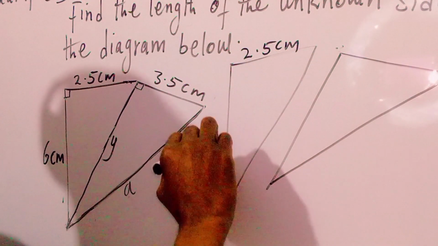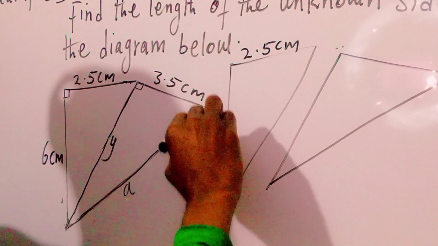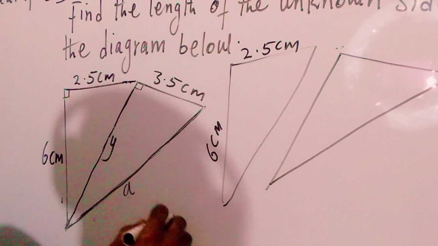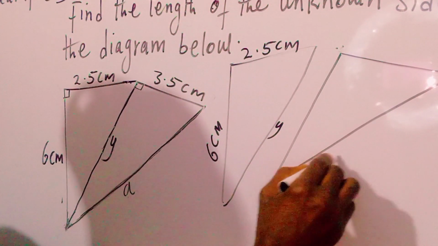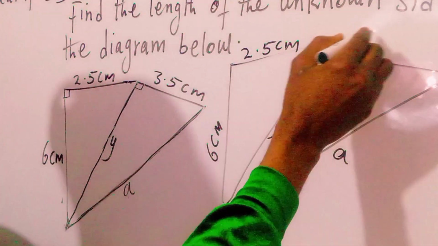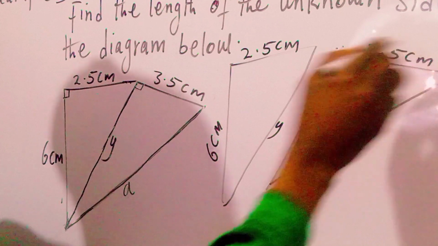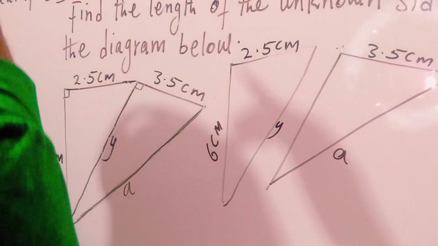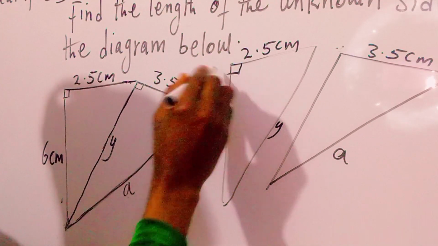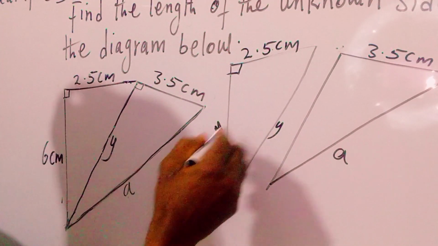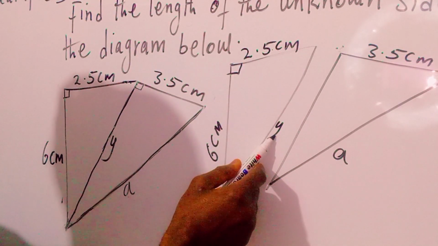And on this side, you have 6 centimeter. And on this very side, you have y. Here you have A. Here you have 3.5 centimeter. You can see, after separating the two triangles, on this very right angle triangle, you have two sides already, making it easy for us to calculate the side y.